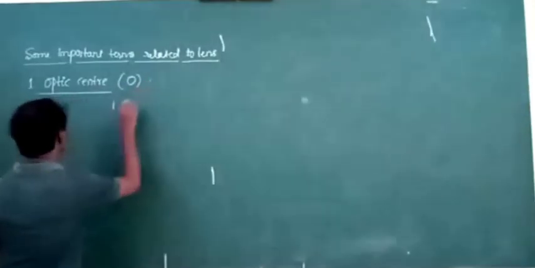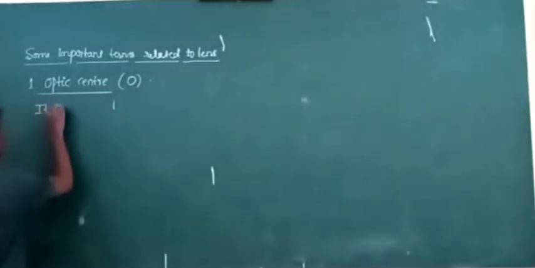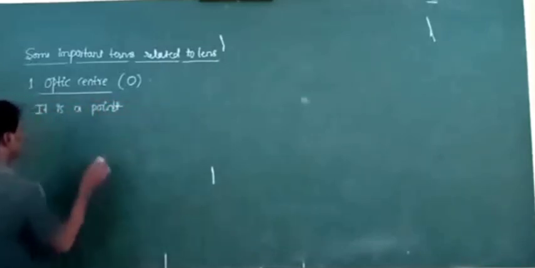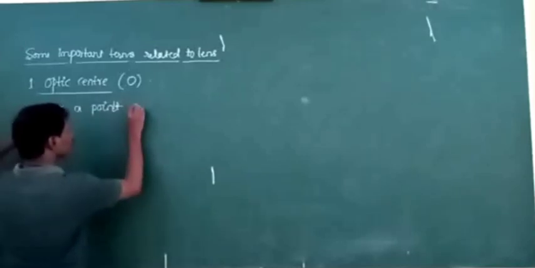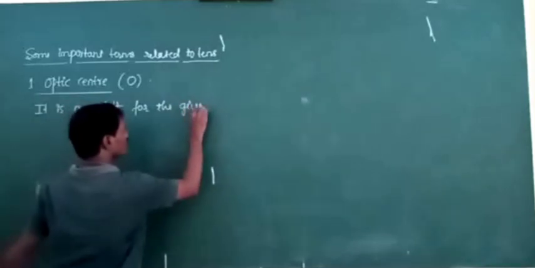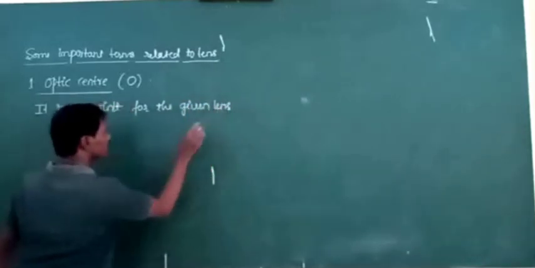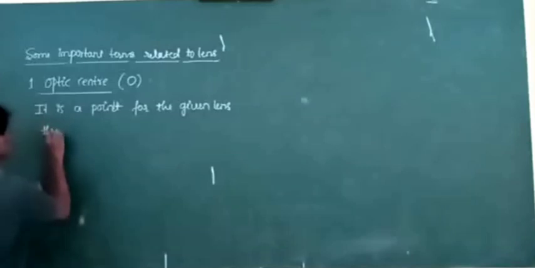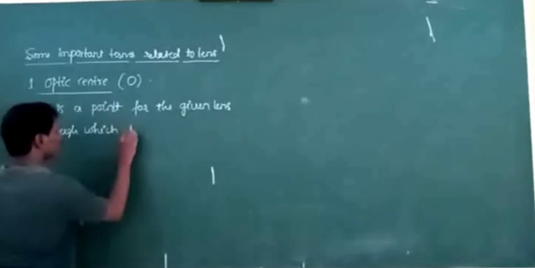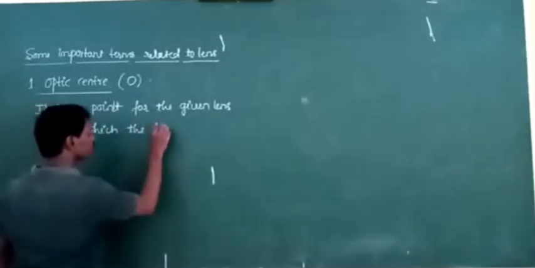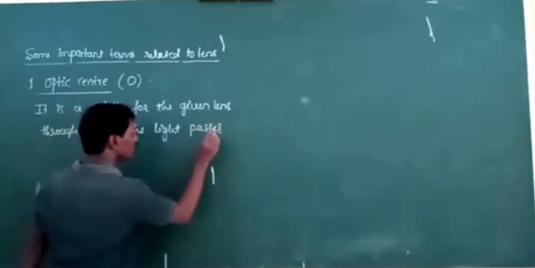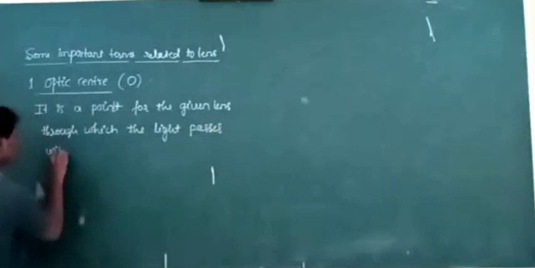What is optic center? It is a point for the given lens, whether it is convex or concave, through which the light passes without deviation.